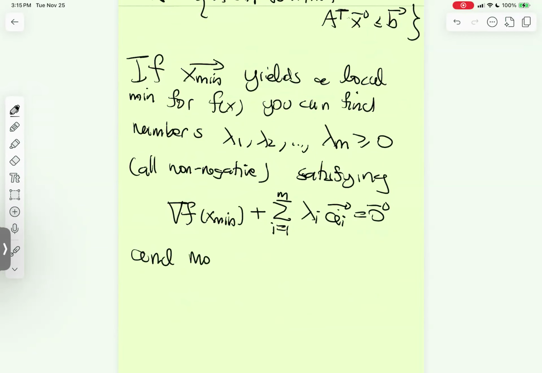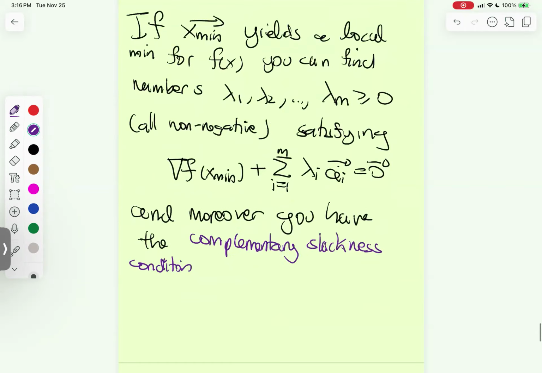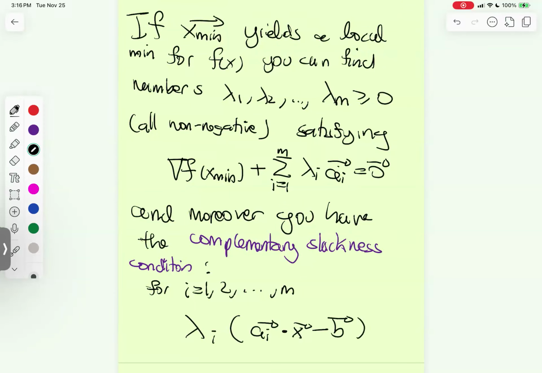And moreover, yeah, I'm almost done. Which again, if you take linear optimization, you'll see a lot, like slack variables and all that stuff. The complementary slackness condition is that for i equals 1 up to m, lambda i times (a_i dot x minus b_i) has to be 0.